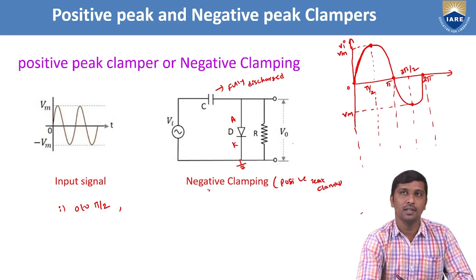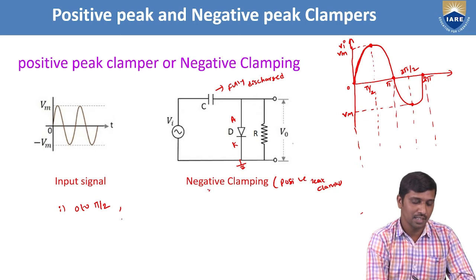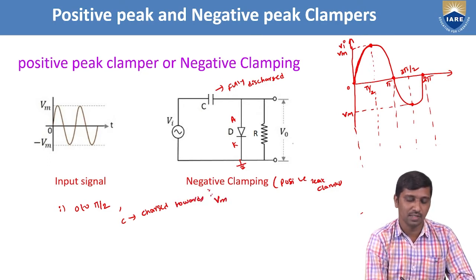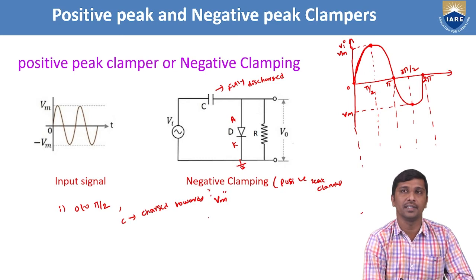At this point the diode is conducting, so we need to observe the output voltage. That is the reason in this 0 to pi by 2 interval, the capacitor is charged towards Vm, which is the maximum voltage.